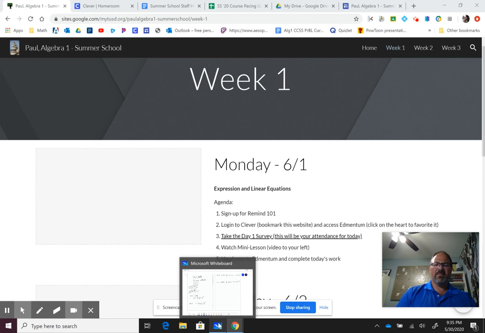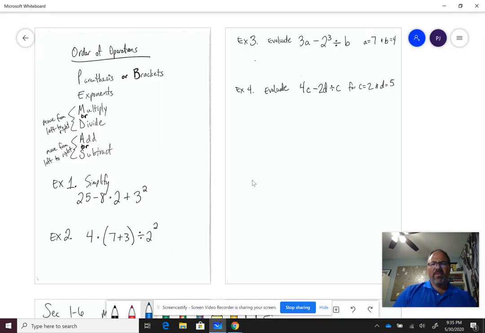But again, it's just something to supplement what is being given through the Plato class and the Plato learning. So for today's lesson, you guys are going to be learning order of operations, just a little bit of review about that, and then you guys are going to get into solving 1 and 2 step equations.